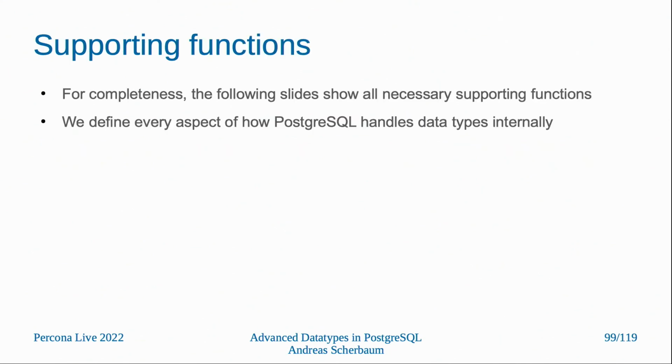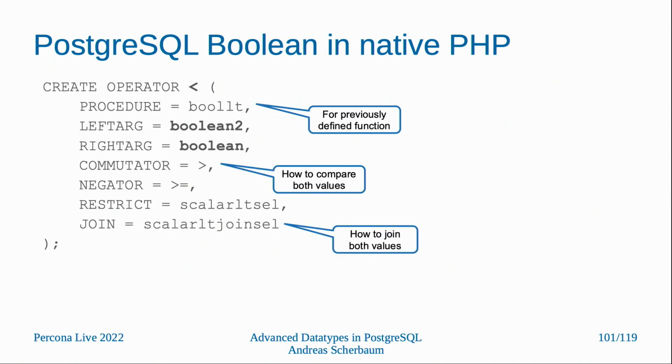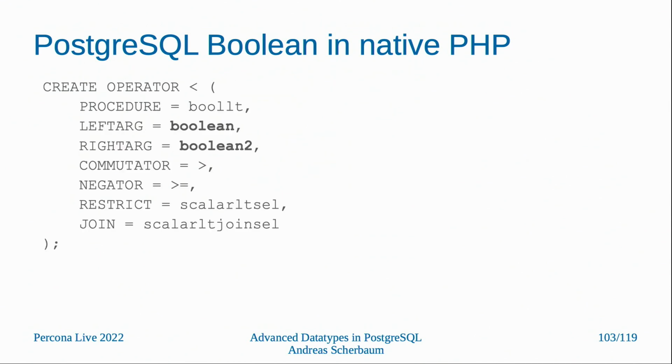We need a bit more here, because we want to be able to actually compare values with our existing Boolean in Postgres and the new Boolean we have. So there's a bit more we have to do. Like we need to figure out how to tell Postgres which of the values is bigger and smaller. We need to create a couple operators here, so we need to have Boolean in and Boolean out. But I can just skip over this.